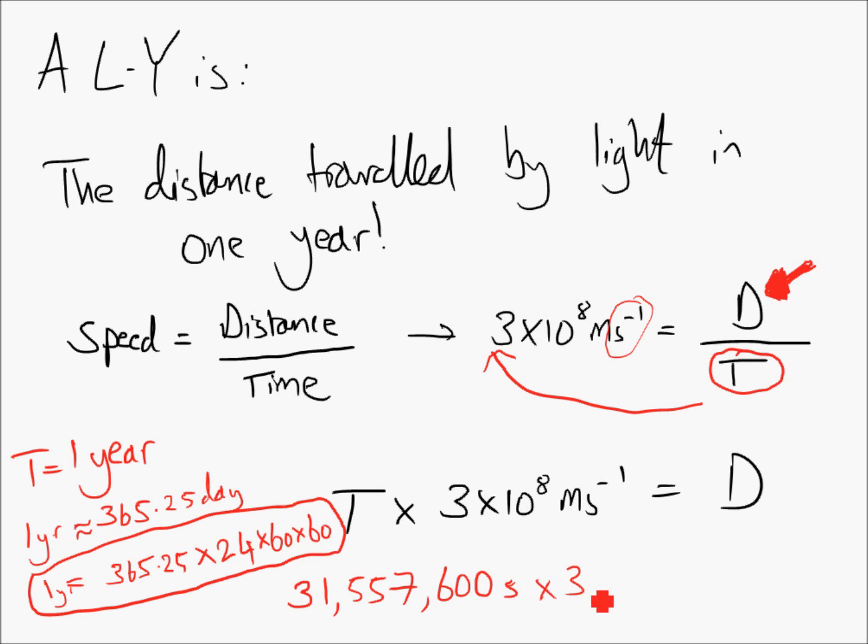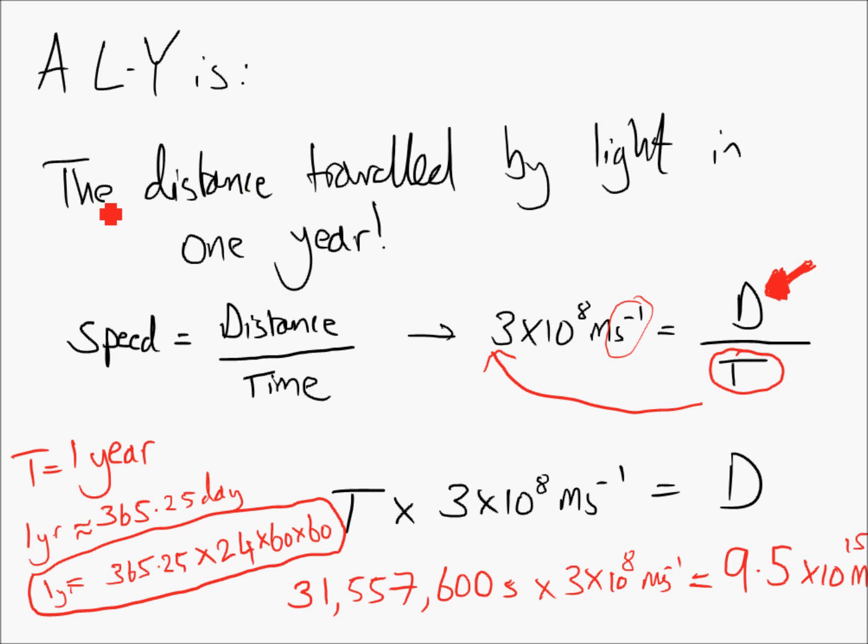I'm going to multiply that by 3 by 10 to the 8 meters per second, and that tells me my distance. In my calculator, that comes out as 9.46728. I'm going to put it as 9.5 by 10 to the 15 meters.